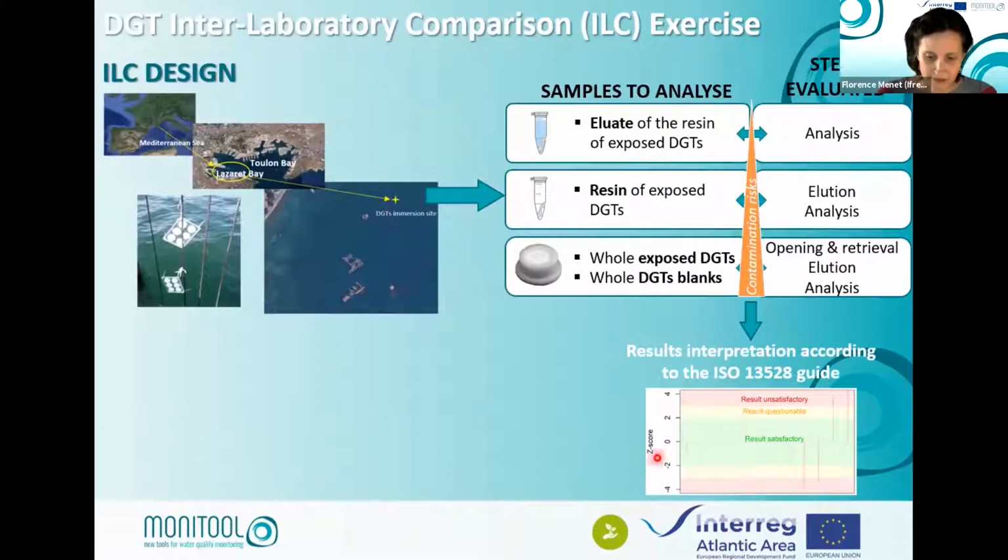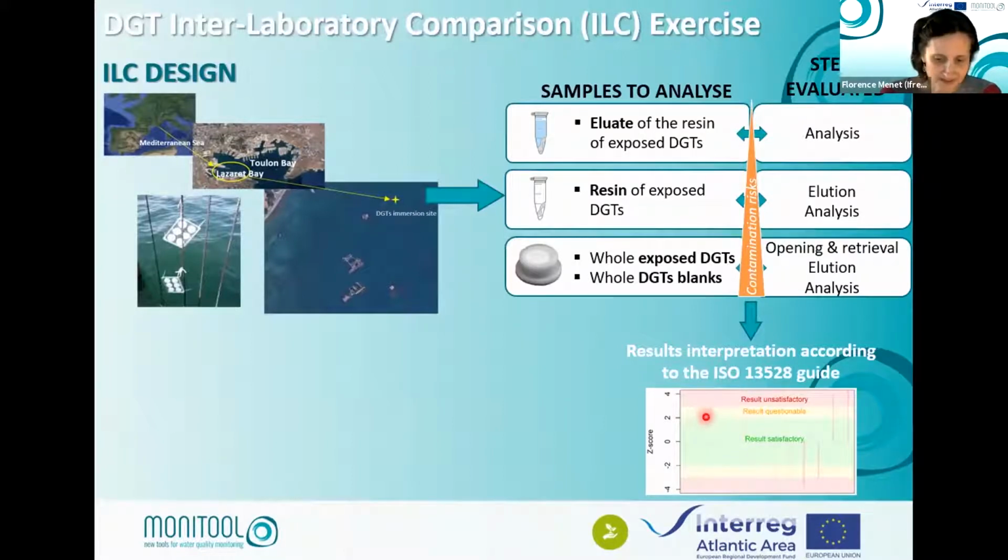And for that, we calculate a Z-score, which gives us the quality of the results according to the assigned value that was determined. So if the results are between 2 and -2, we have satisfactory results.